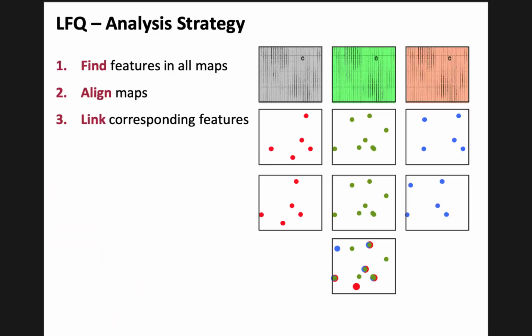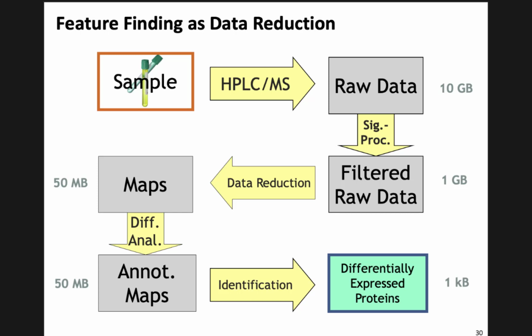All right, so that's the rough outline. So how do we get there? So this whole feature finding process can be seen as a data reduction process. Now you start with your sample, do the HPLC-MS, and you get raw data. This is an old data set.